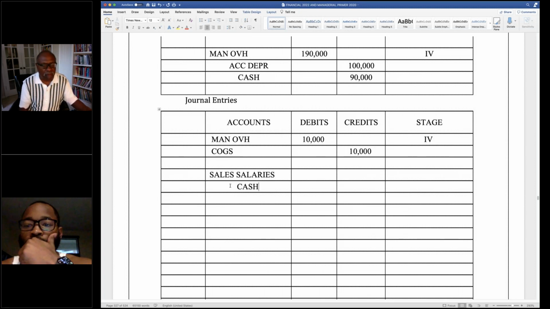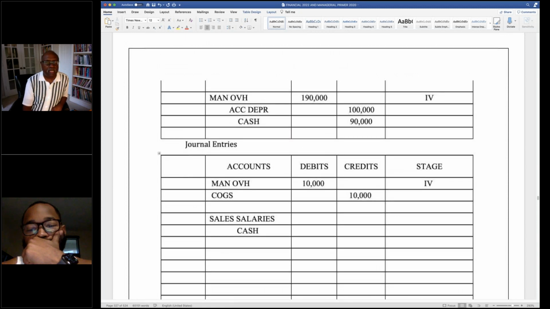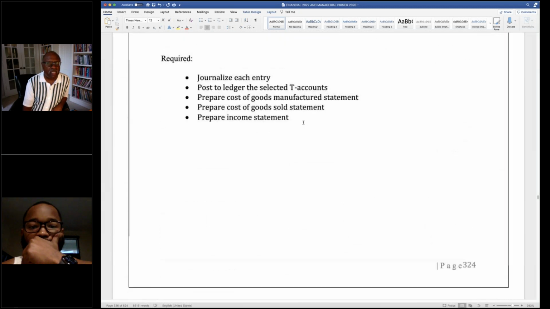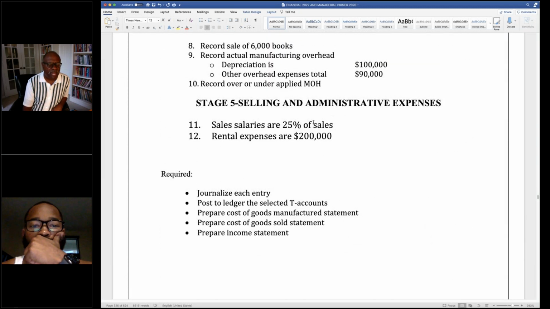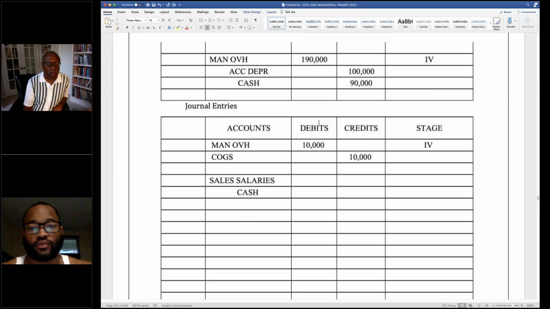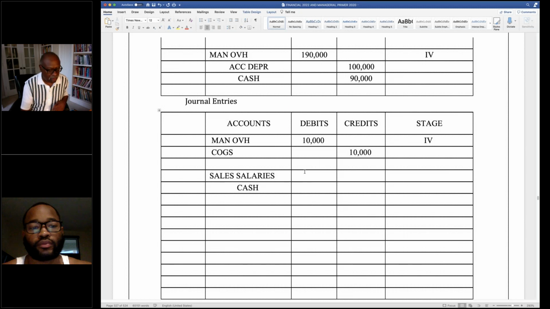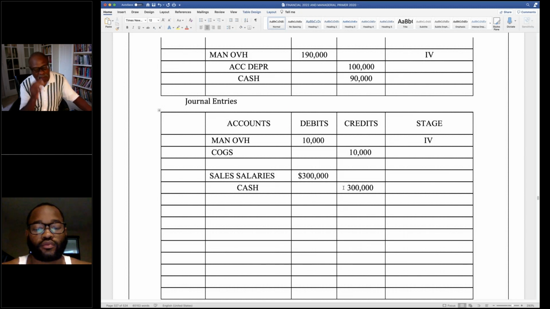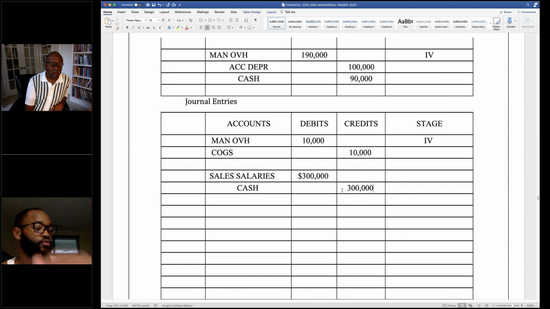Well, how much? $1.2 million, it was what, 25%? So how much we going to pay the salesman? 300,000. Because we like to pay salesmen on commission.